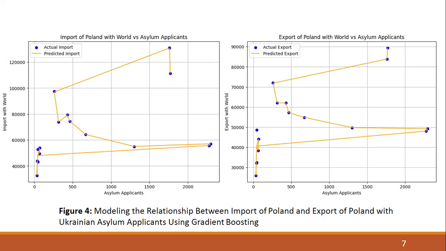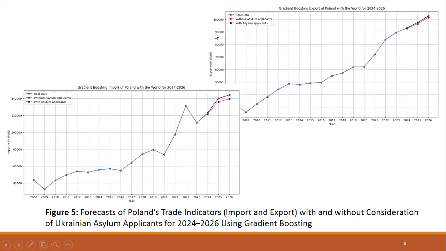Specifically, gradient boosting effectively handles diverse types of data and reduces the impact of noise, resulting in more stable outcomes. This approach allows for comprehensive assessment of accuracy and reliability in different scenarios, providing a deeper understanding of potential changes and the impact on Poland's foreign trade indicators.